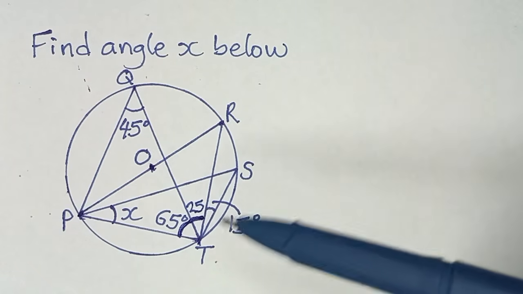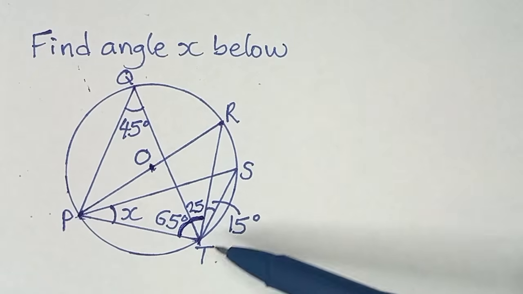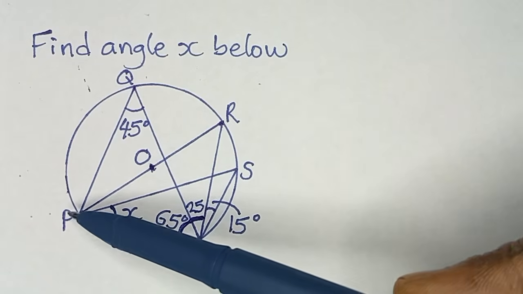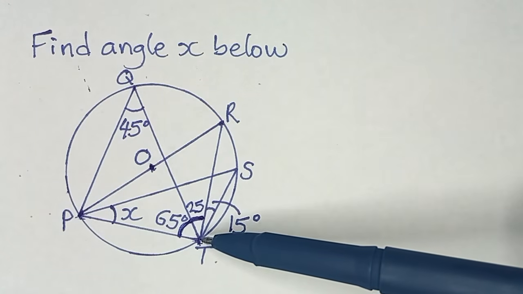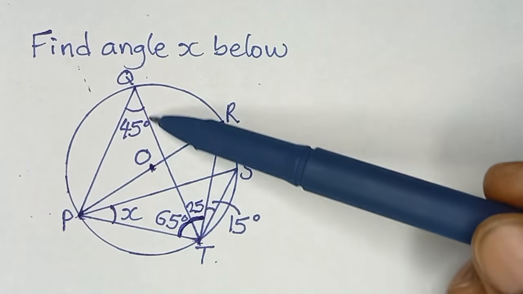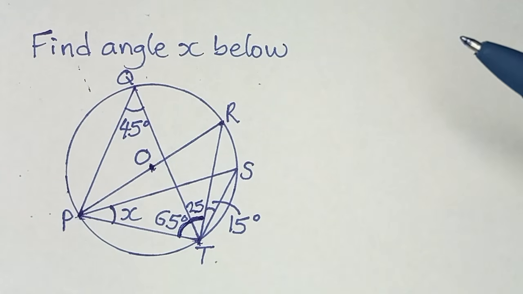All right, now let's move on to these other points, P and T. If you look, this line goes to the circumference at Q, and from T, this line goes to the circumference to form 45 degrees.